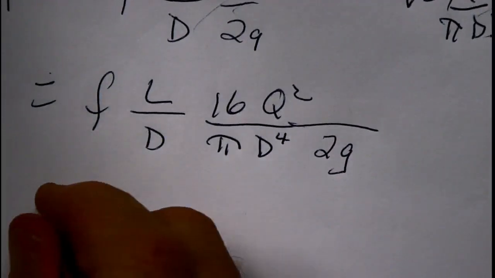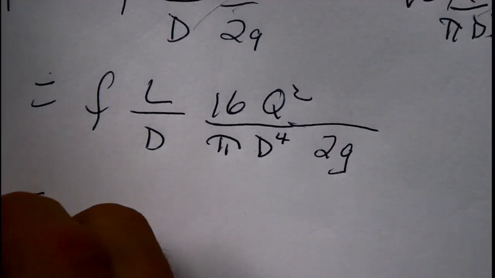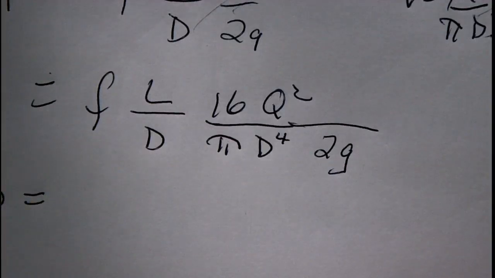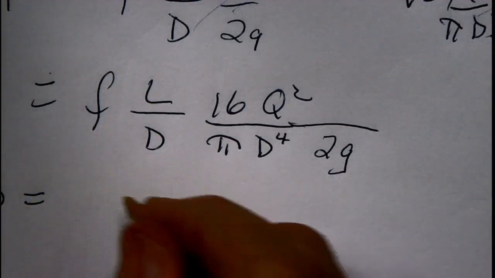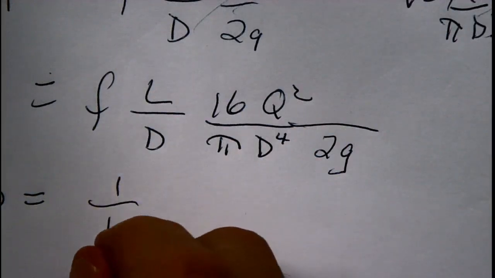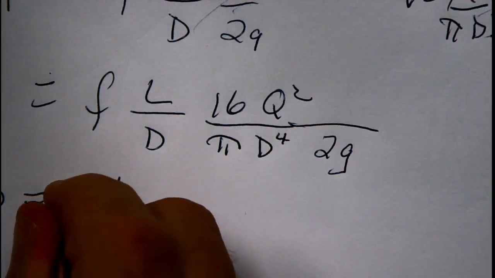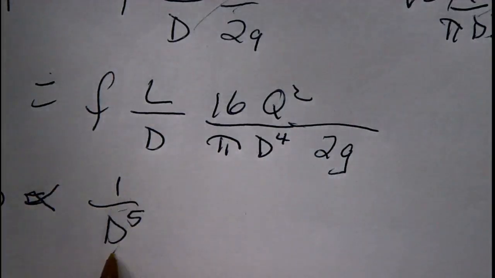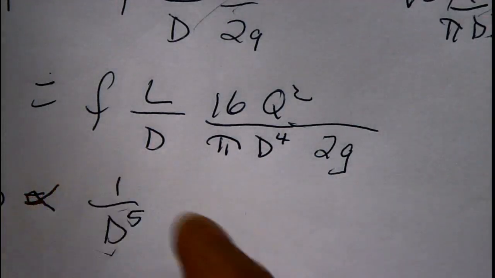So I quickly find out that pressure drop varies as, if I clean this mess up, 1 over d to the 5th, which is what I'm particularly interested in. Pressure drop varies with 1 over d to the 5th.